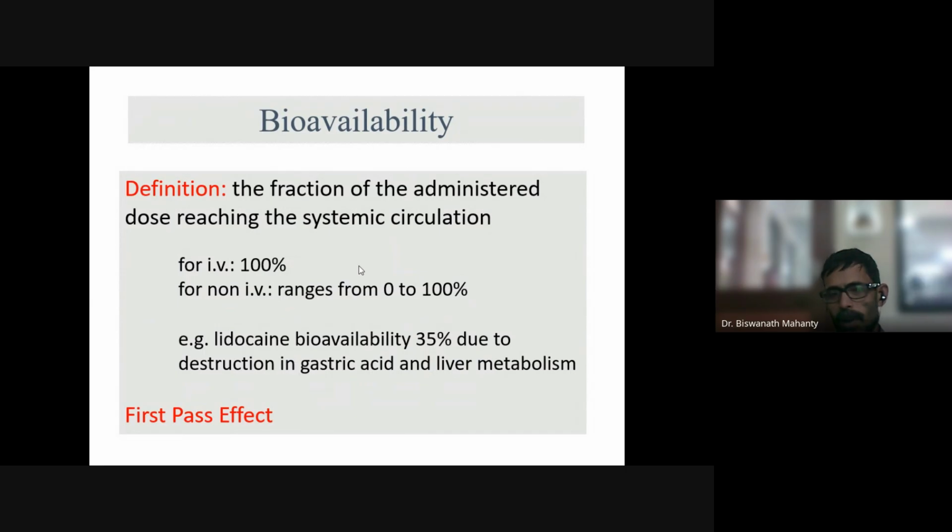But in the case of non-IV routes, oral, dermal, many times the drug molecule may not be completely absorbed in the GI tract. Some of the drug molecule can also be broken down in the gastric environment. Some molecules also go through the first pass effect, because the drug goes directly into the liver rather than into our central circulation, so they can also get transformed there.